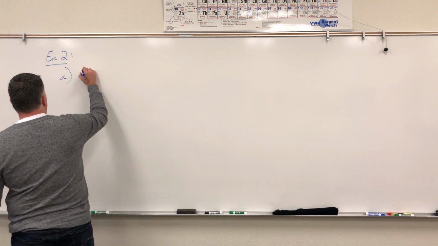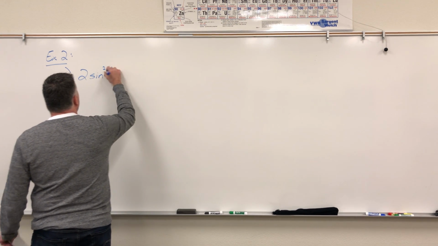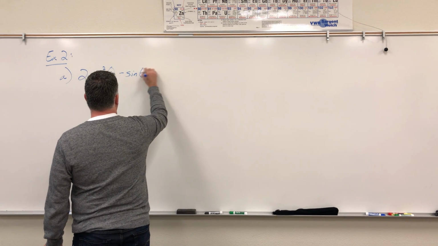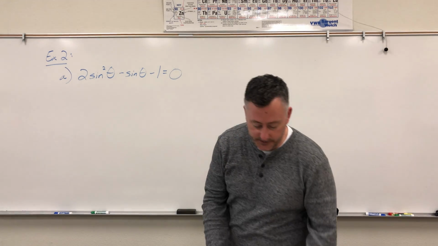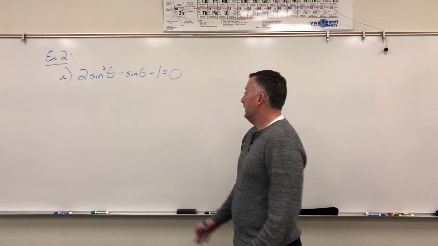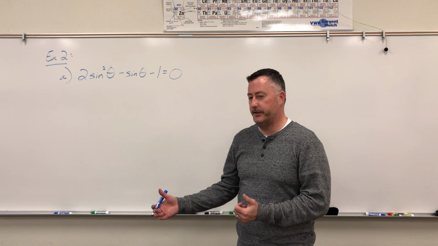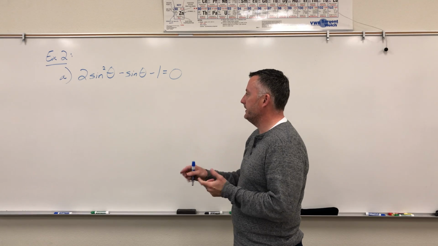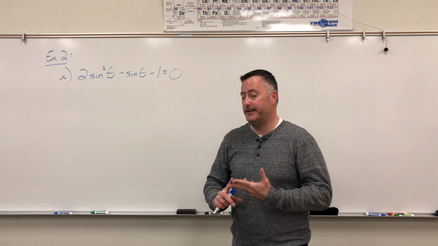So let's start with 2 sine squared of theta minus sine of theta minus 1 is equal to 0. Your trig functions are all on the same side. One thing to note about this is that it is a trig equation, but it's also another type.